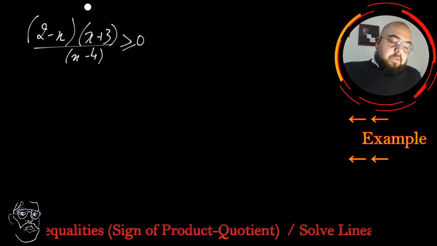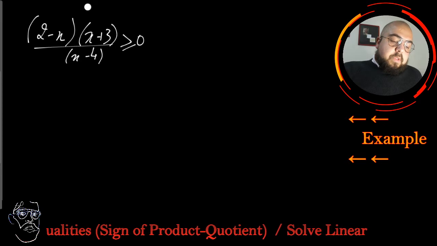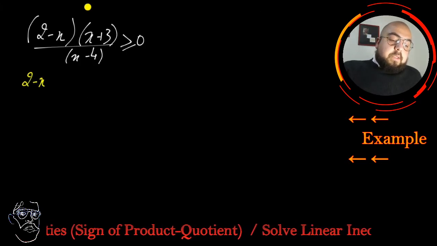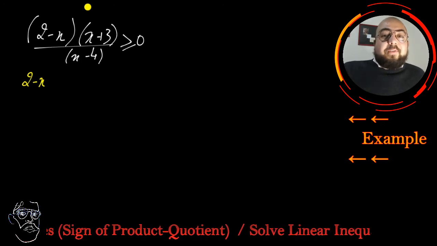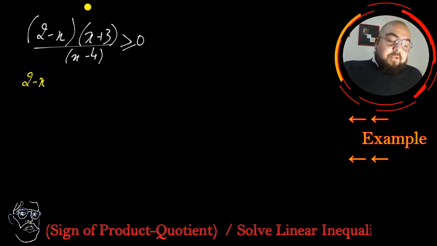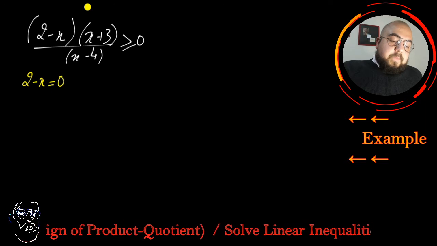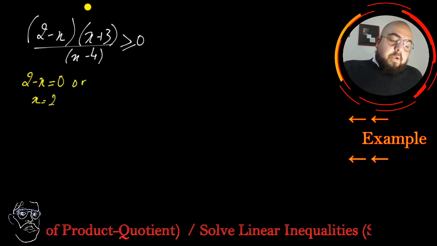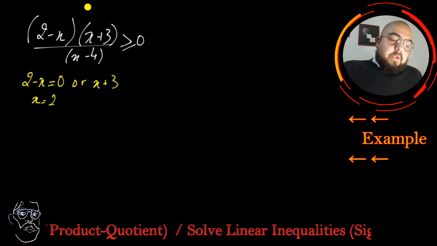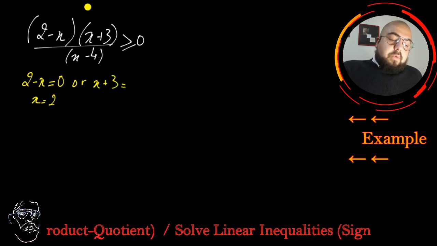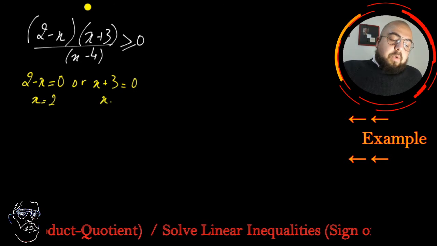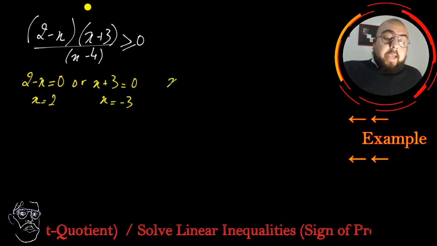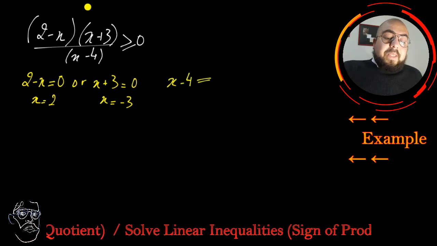Again, you have to start by saying that 2 minus x is equal to 0, so x is equal to 2, or x plus 3 is equal to 0, x is equal to minus 3, and you have to say that x minus 4 should be different than 0.